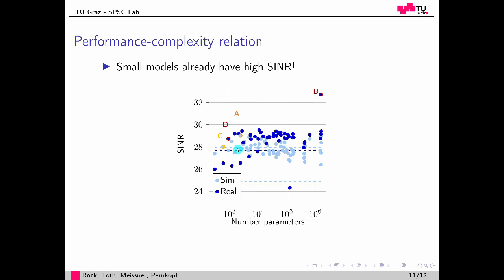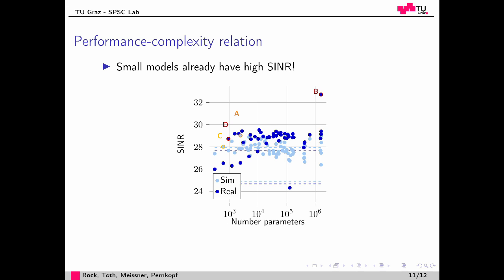Now I would like to show you the relation between performance and model complexity. We evaluated models with 2 to 10 layers and 8 to 512 filter kernels. And in the plot we have the number of parameters on the x-axis and the SINR metric on the y-axis.